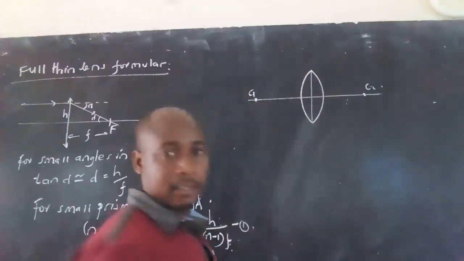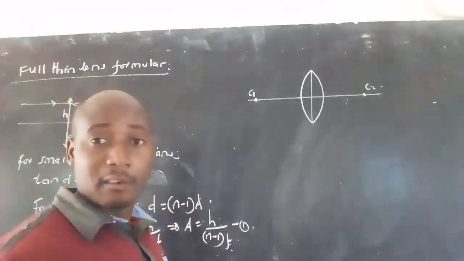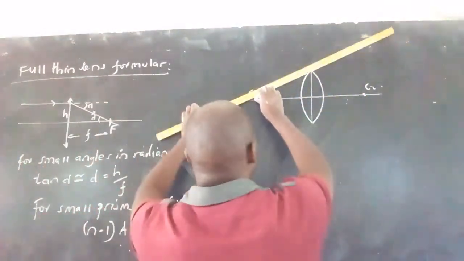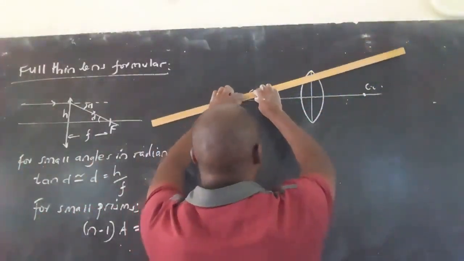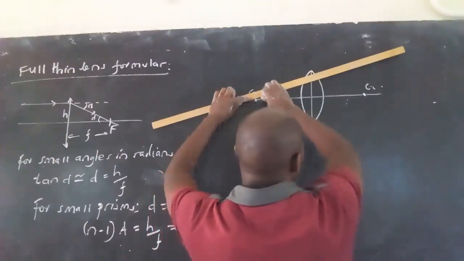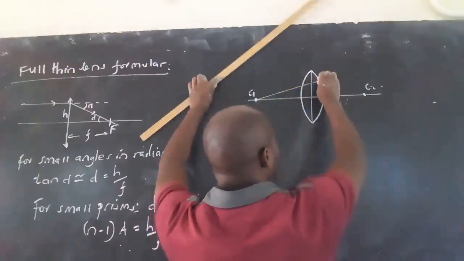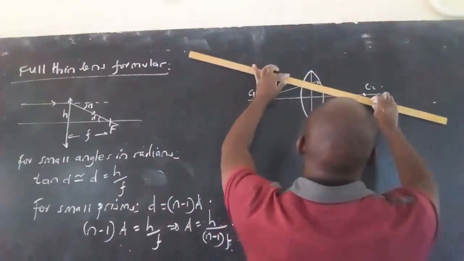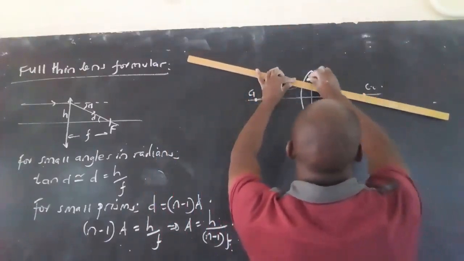So we know that lines passing through the center of curvature strike the surface normally. So this one is going to strike the surface normally, like this. Then this one is also going to strike the surface normally.